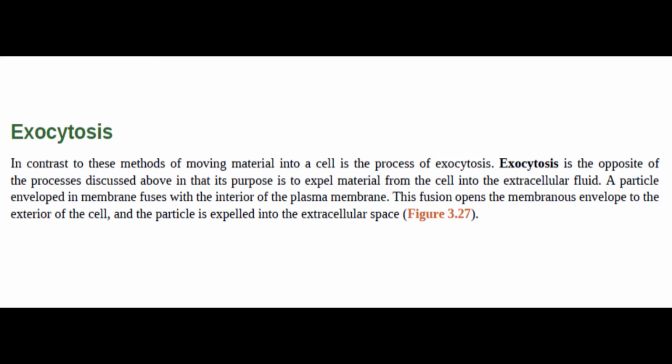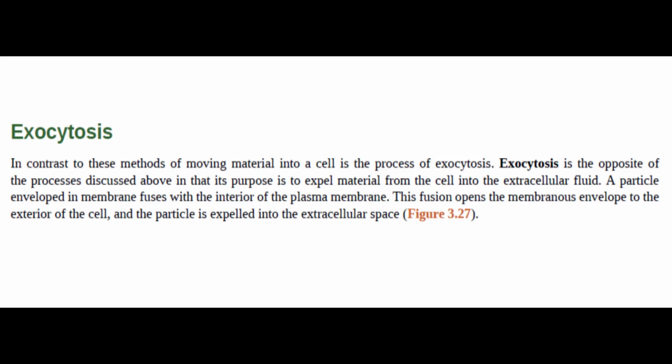Exocytosis. In contrast to these methods of moving a material into a cell is the process of exocytosis. Exocytosis is the opposite of the processes discussed above in that its purpose is to expel material from the cell into the extracellular fluid. A particle enveloped in membrane fuses with the interior of the plasma membrane.